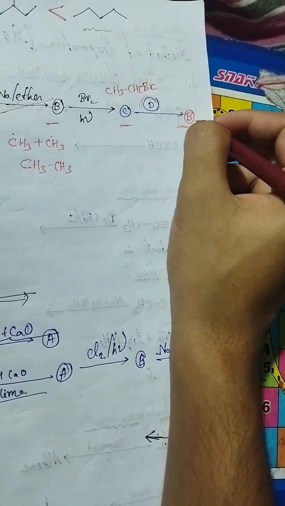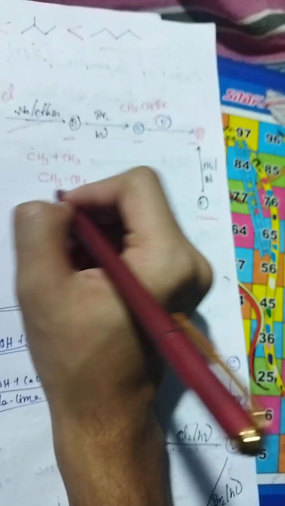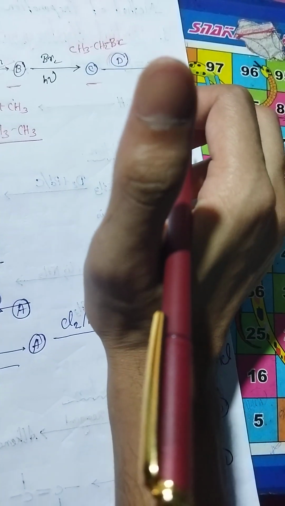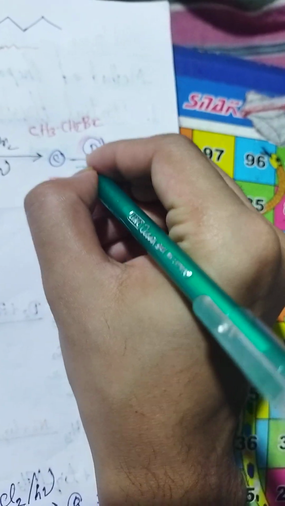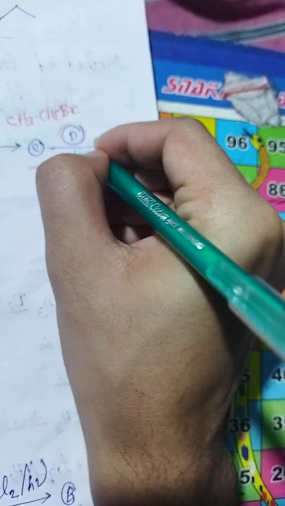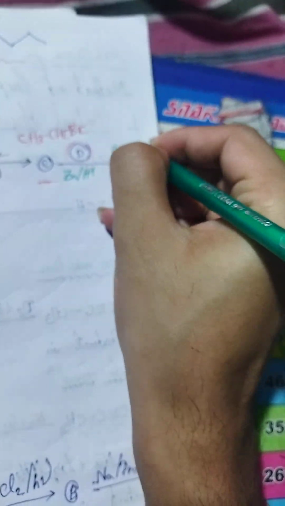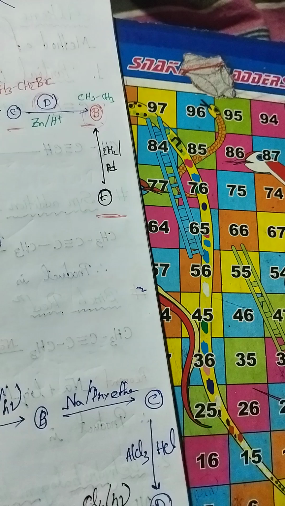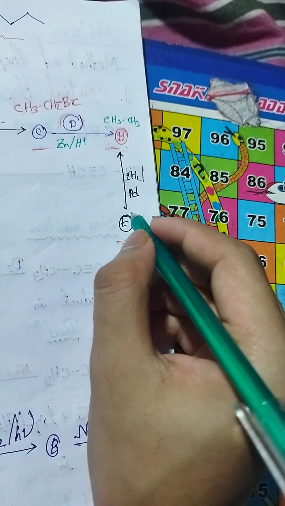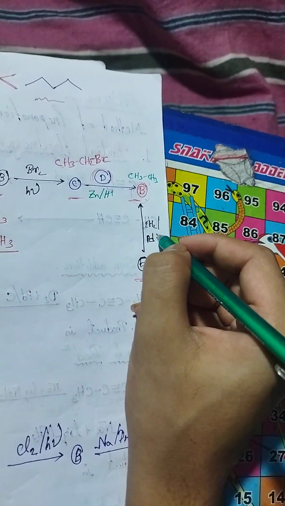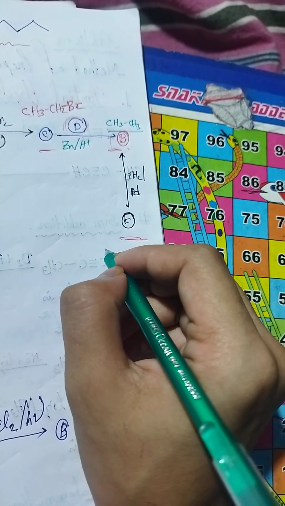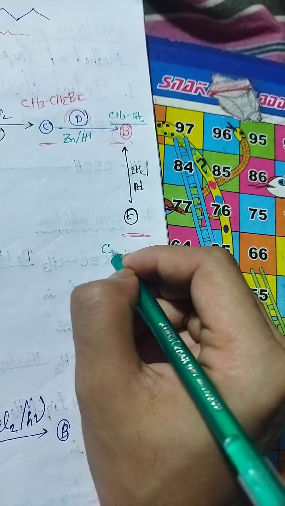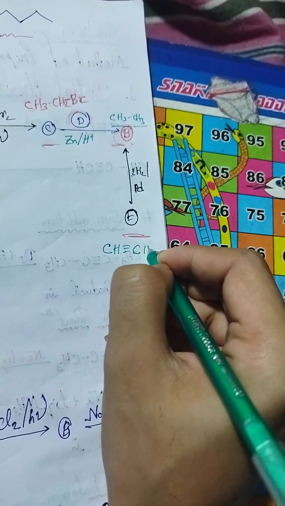The formed product is B, ethane, so here Zn plus H+ is needed, then B is ethane, Zn/H+ gives CH3CH3. Here H2 plus Pd gives ethane. That's why E is CH triple bond CH.